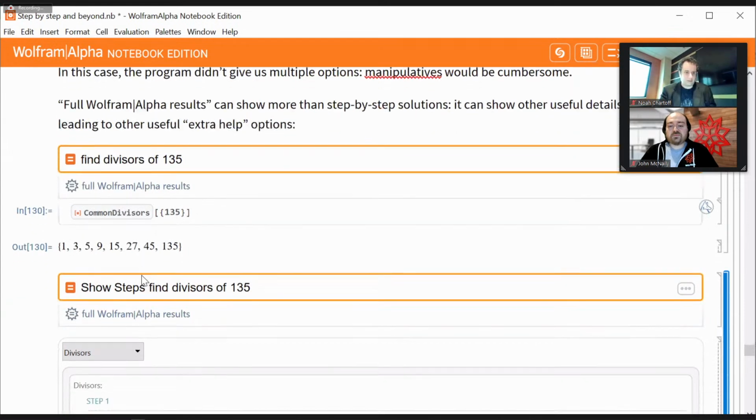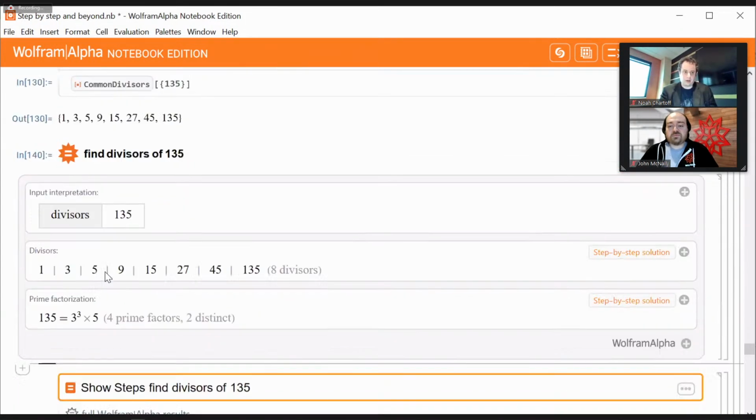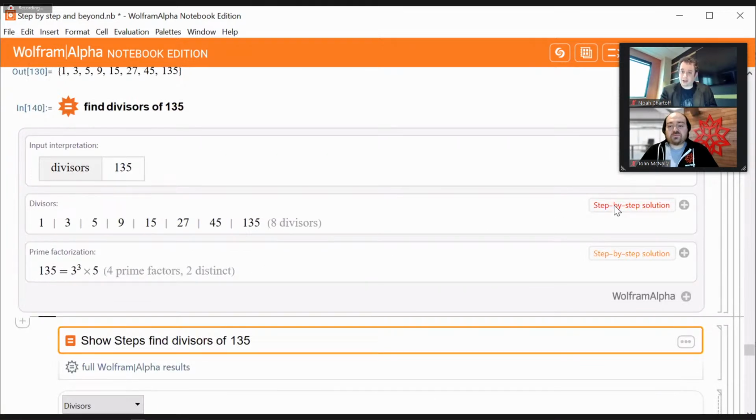And if you instead click on full Wolfram Alpha results, you will see that you could get a step-by-step solution for finding the divisors, but also you could get one for the prime factorization. You see, by clicking on full Wolfram Alpha results, it told us how it could go deeper into other related things that we might have wanted to know about.